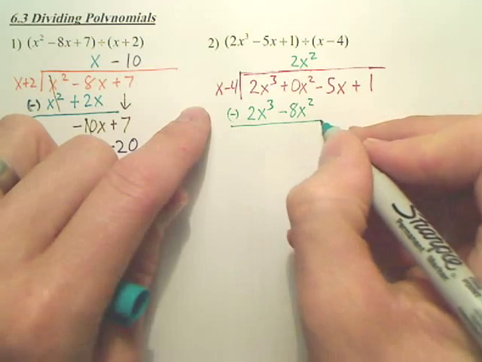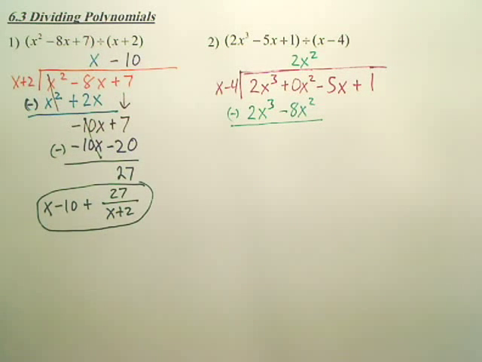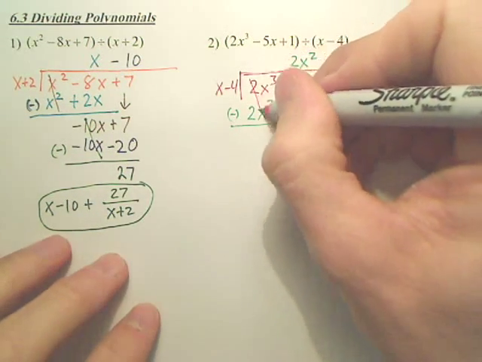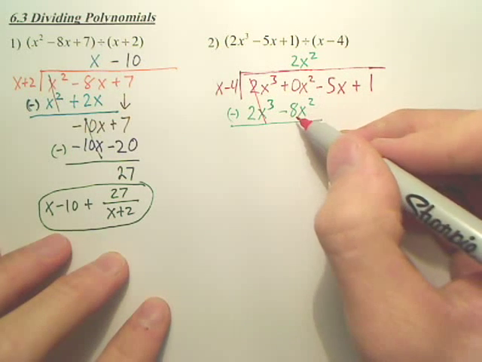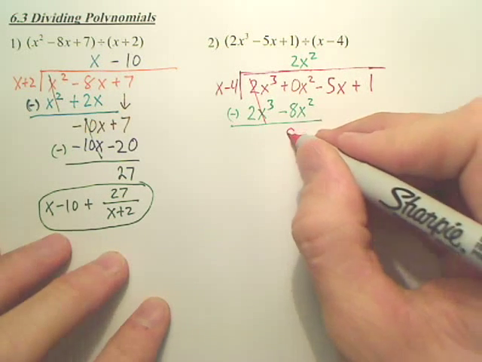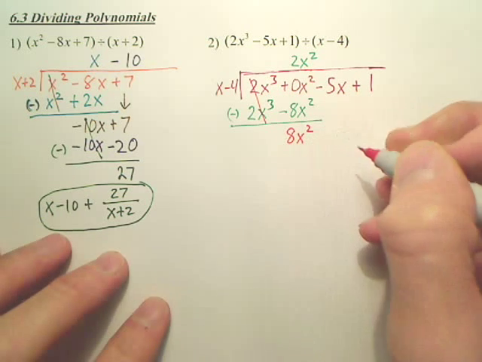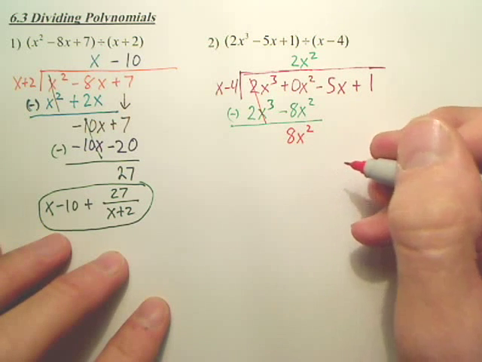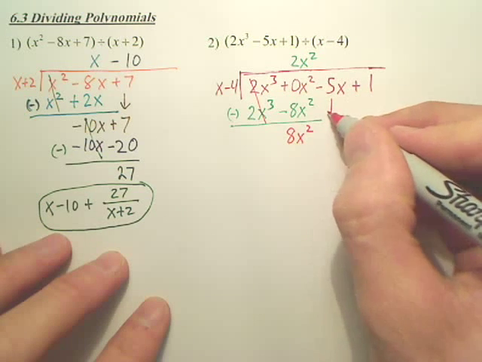And aren't we going to subtract down now? Like normal division. That's gone. 0 minus a negative 8 is a positive 8x squared. Again, some of you will mess up with that. The minusing messes people up all the time. We bring down this.